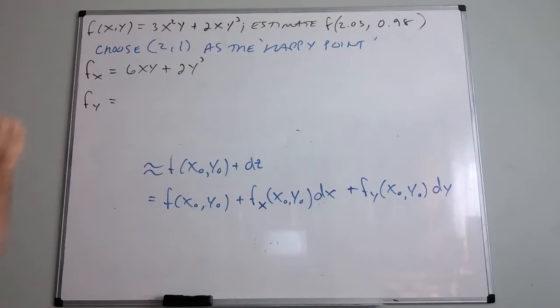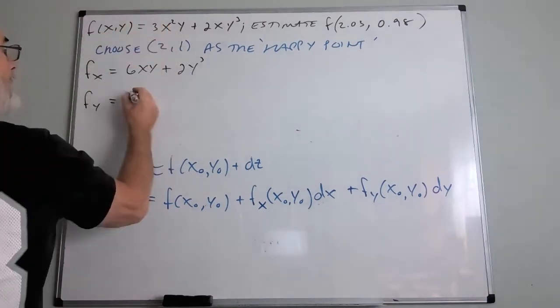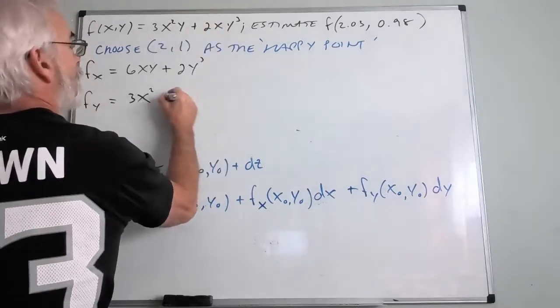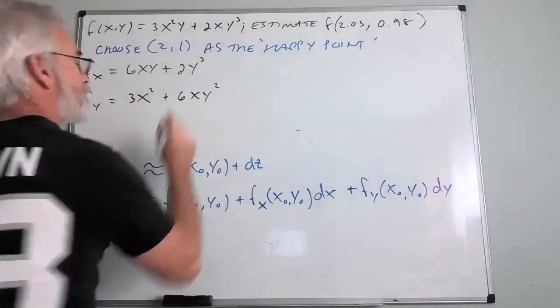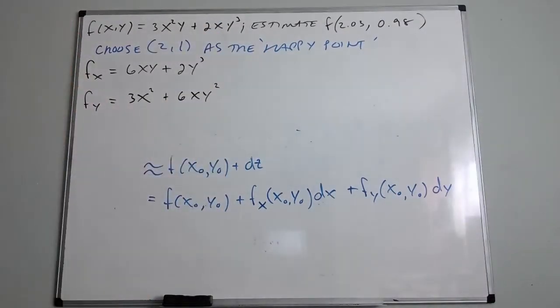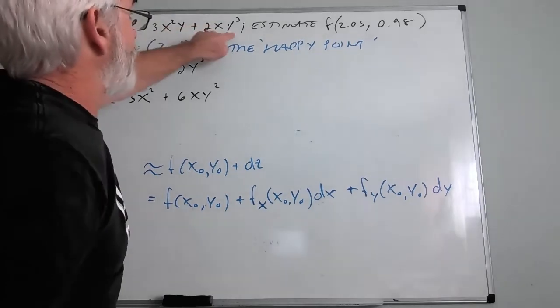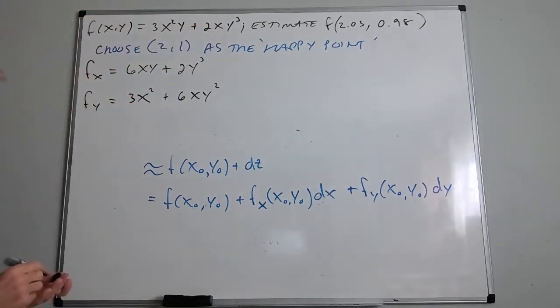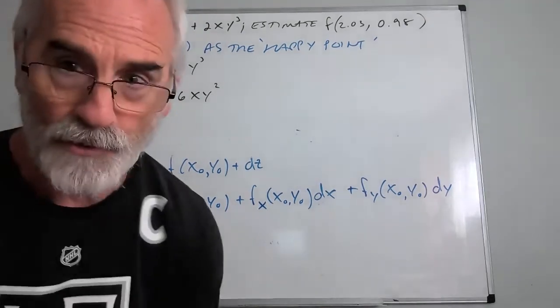The partial with respect to y will be 3x squared plus 6xy squared. Do a quick check. Remember, you're holding the other variable as a constant. So I'm only differentiating the y and the y cubed. The x parts just simply act as coefficients. So I have that. Now what do I do?